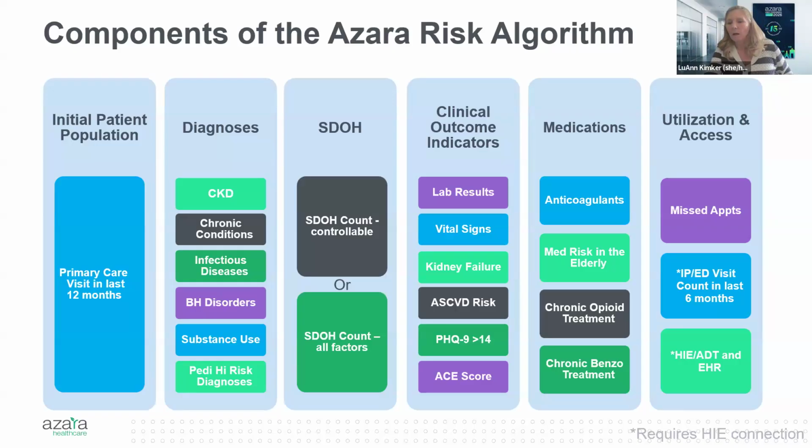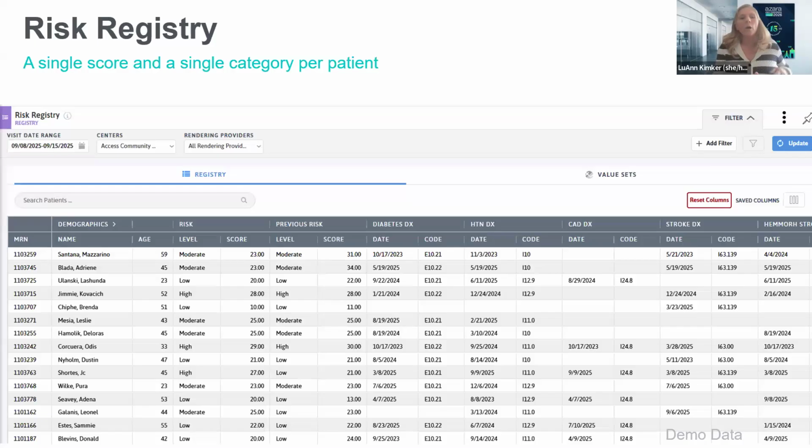Let's skip ahead, Hannah. I want to go to the slides that show the risk registry, a few down, and just show you. One of the nice things about risk, again, is that it's across all your patients, whether they're insured or uninsured, and looking at them by the clinical information you have in their EHR.